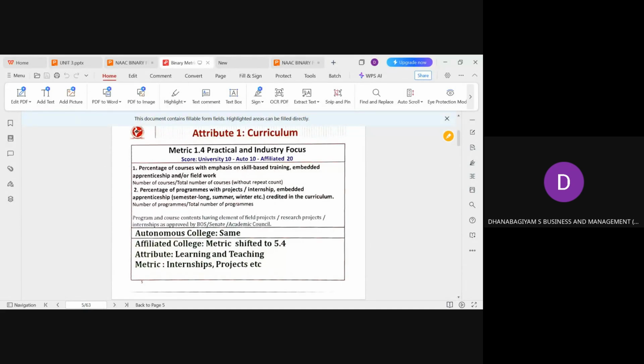Not only that, we can think about institutions having an institution innovation cell. For example, if it is a BBA or an MBA course, we can have our own institution innovation council or a club, through which we can segregate those students who want to become entrepreneurs.